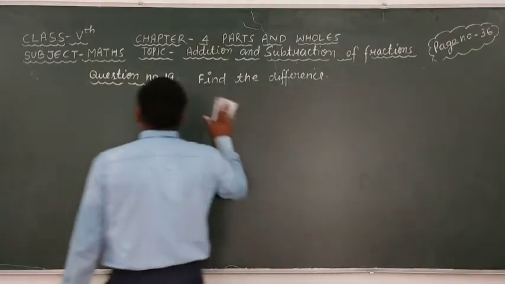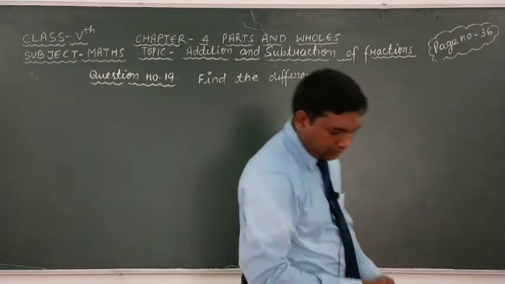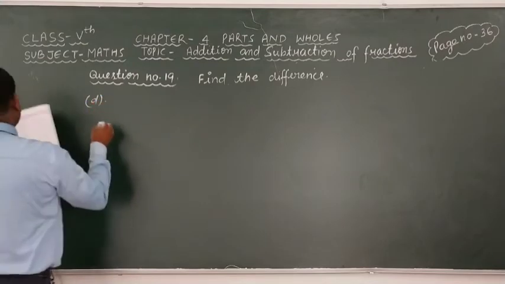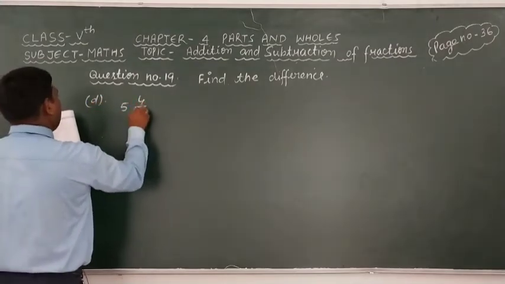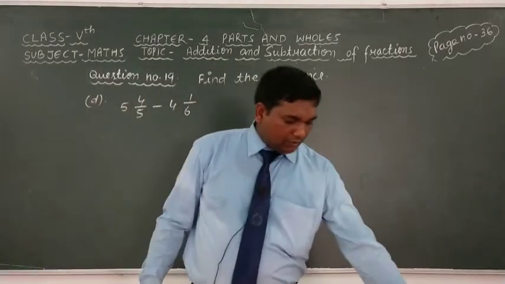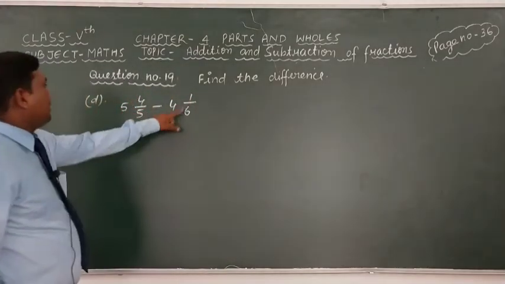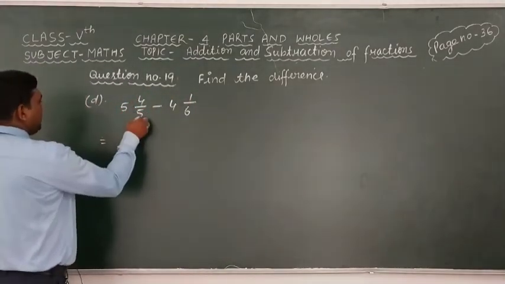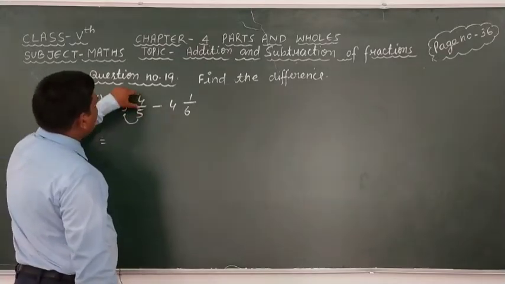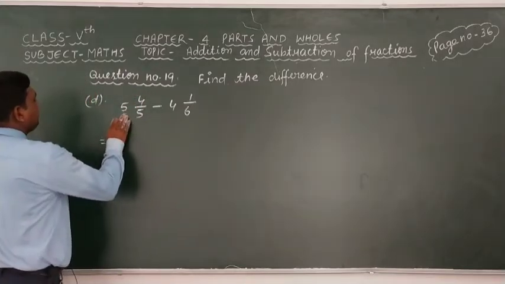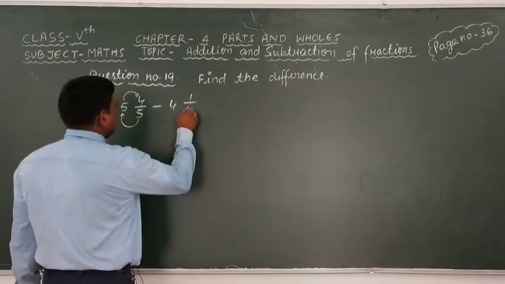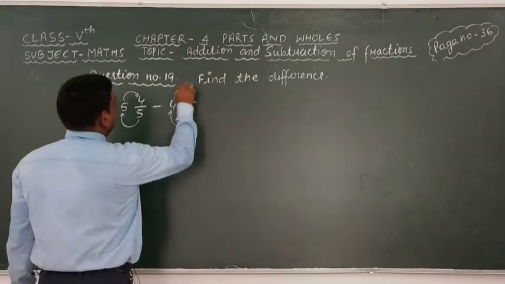Okay, students, now let's start question number 19 of D. Here given that 5 whole 4 over 5 minus 4 whole 1 over 6. Firstly, we have to take the multiplication of 5 and 5, then add 4, and in this fraction we have to take the multiplication of 6 and 4, then add 1.